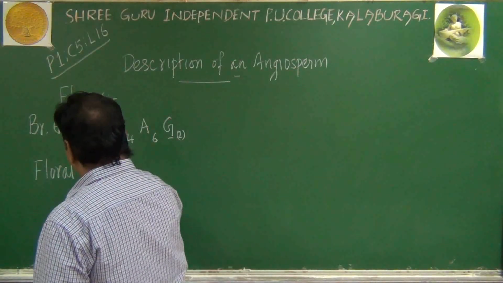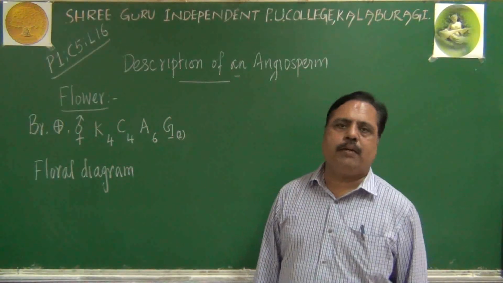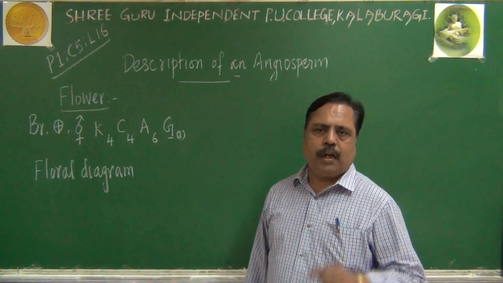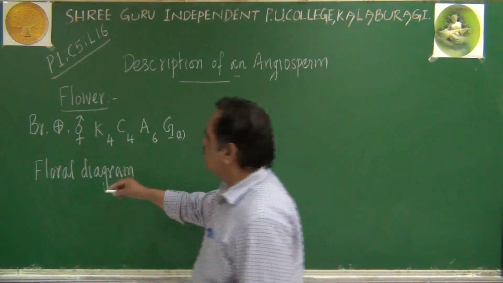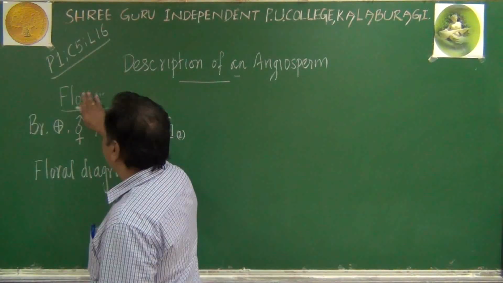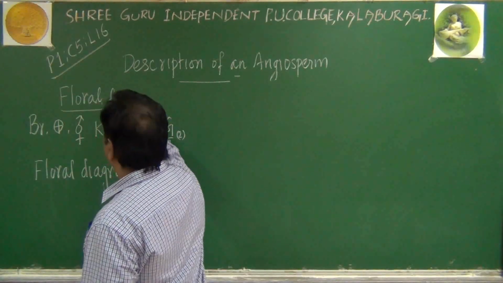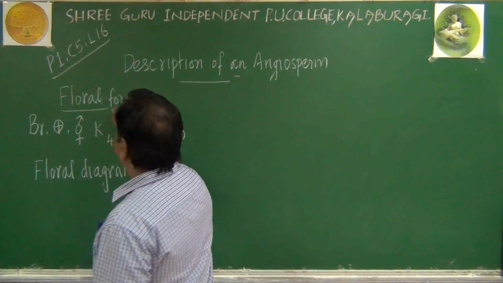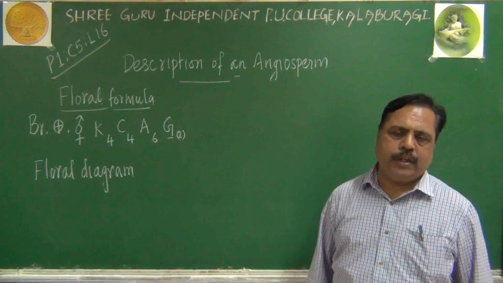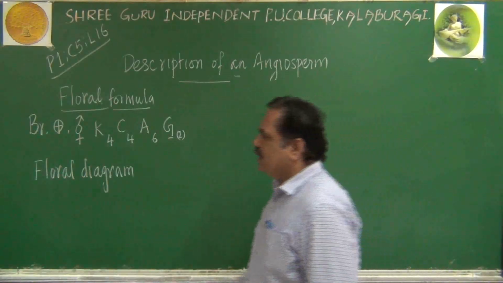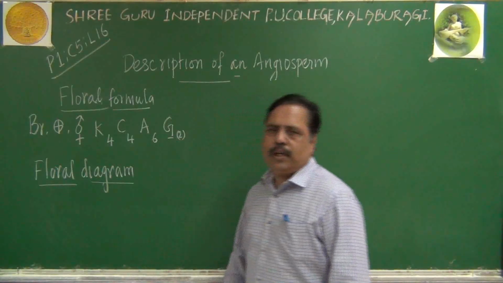Floral diagram: the scientific diagrammatic representation of a flower is called a floral diagram. This is the floral formula, we can say. Based on the floral formula, we have to see how to draw and construct a floral diagram. So basically, I will tell you some ideas for drawing a floral diagram.